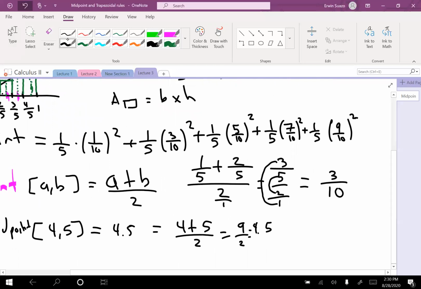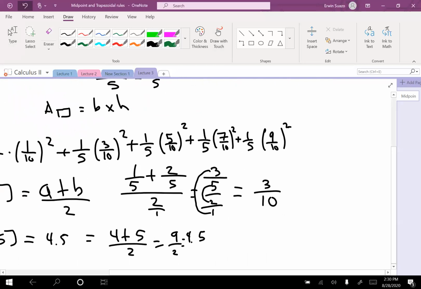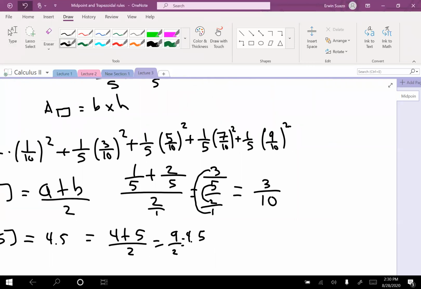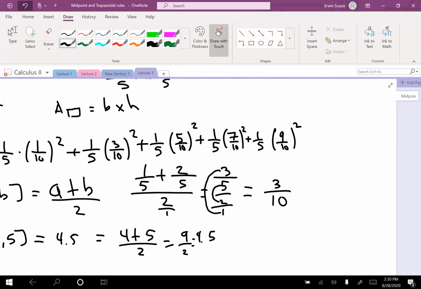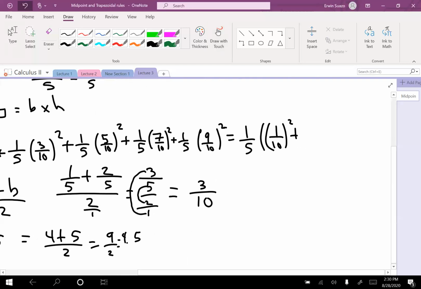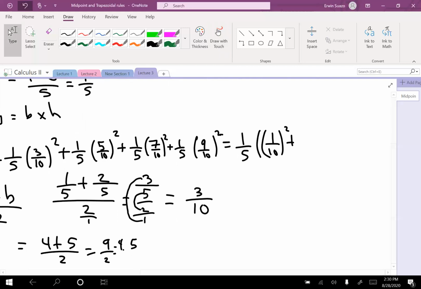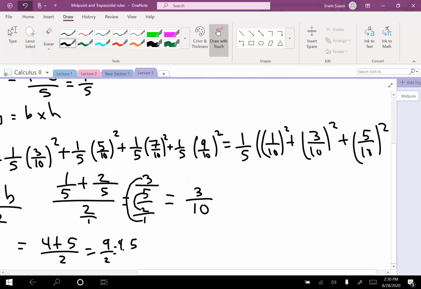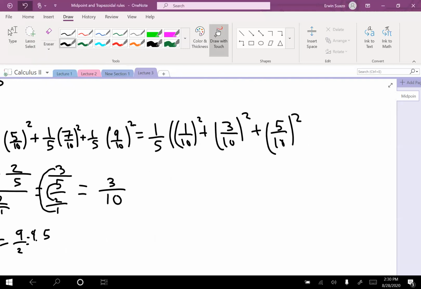I'm gonna factor my 1/5 as always. So if I factor my 1/5, I get 1/5 times 1/10 squared plus 3/10 squared plus 5/10 squared plus 7/10 squared plus 9/10 squared.